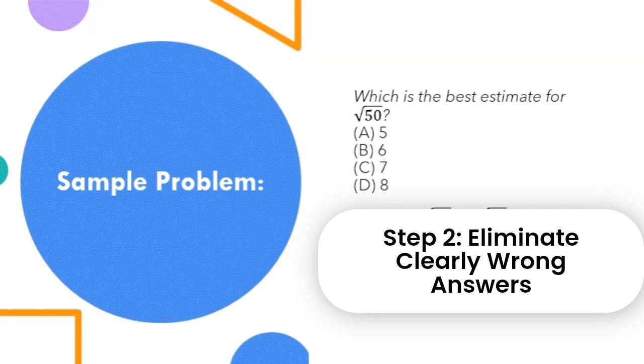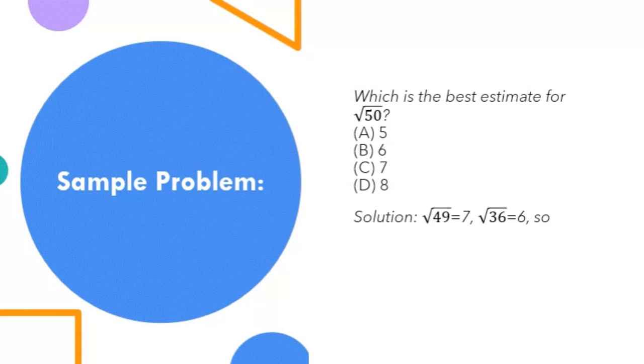Step 2. Eliminate clearly wrong answers. Let's go through the choices. A. 5 is definitely too small since 5 times 5 is equal to 25, which is much smaller than 50. B. 6 is too small because 6 times 6 is equal to 36, and 50 is larger than 36. D. 8 is too large because 8 times 8 is equal to 64, which is way bigger than 50.